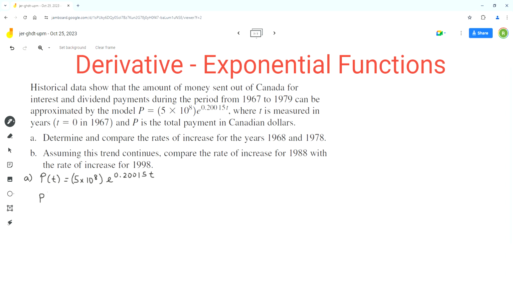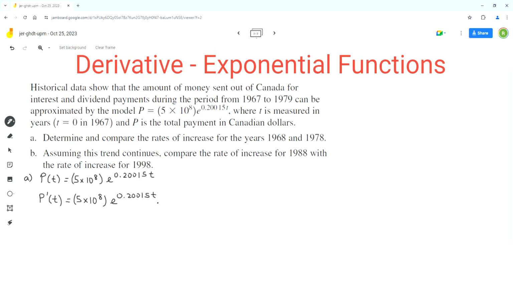So P prime of t equals, the coefficient stays the same, times the derivative of this exponential term, and that is equal to the exponential term as it is given, times the derivative of the exponent, and the exponent is 0.20015 t.